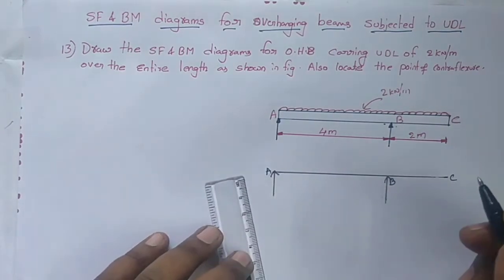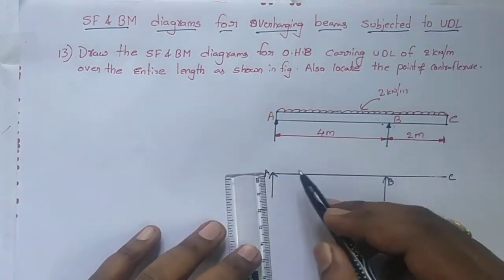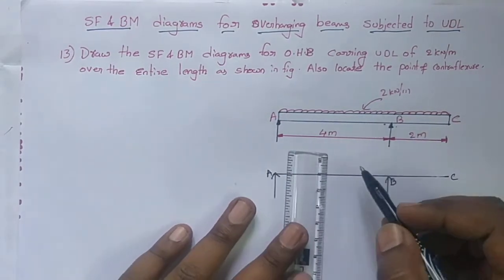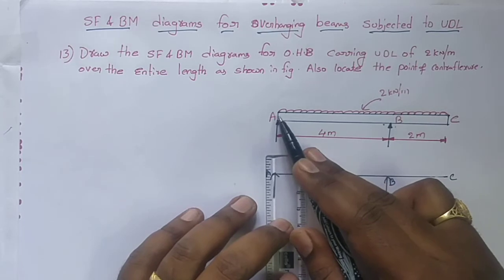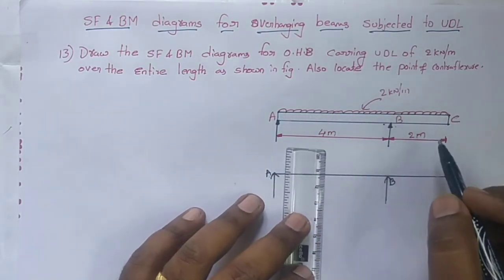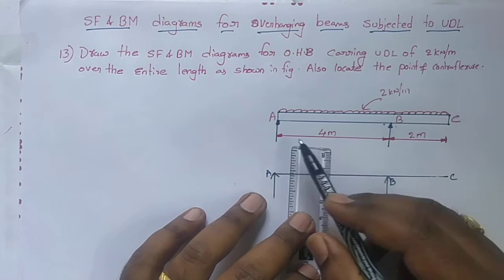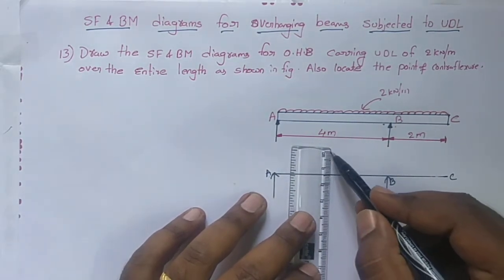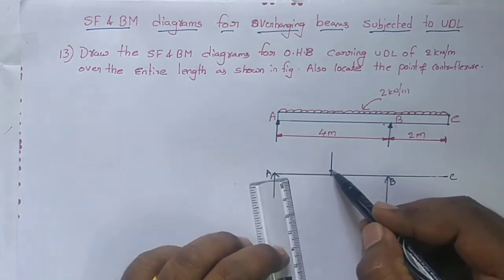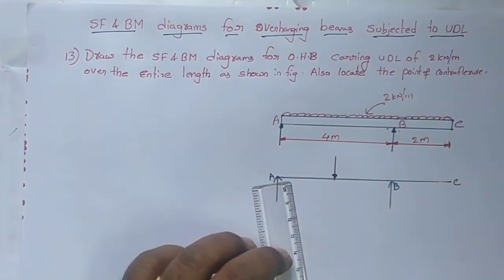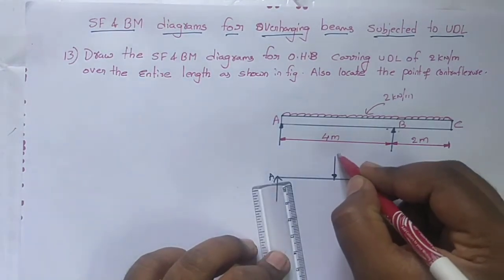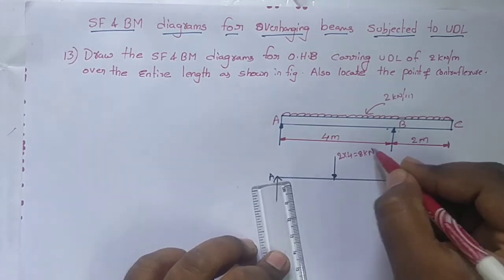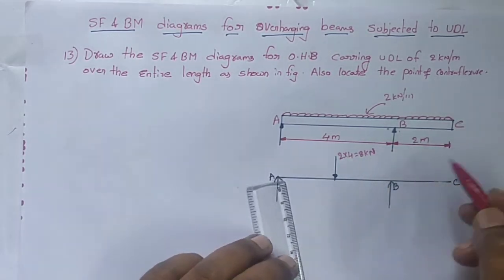The distance from A to B is 4, so when we convert this UDL load into a point load, it will act at the midpoint of the length, that is 2 into 4, equals 8 kilonewtons. 8 kilonewtons is the converted load from the UDL.